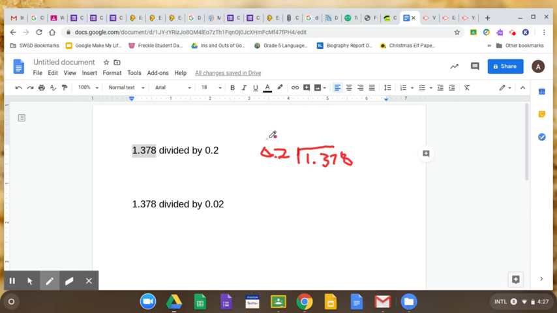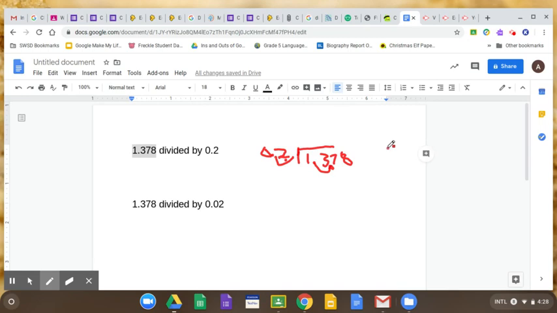So first thing I have to do is get rid of the decimal in the divisor. You always want to start here because this is where you can have your decimal. So I'm going to have to move the decimal place one spot so it's just a whole number. So that's really just multiplying it by 10 because I'm making 2/10 into just 2. So if I do that here, I have to do the same thing here. So now my decimal point is right here.